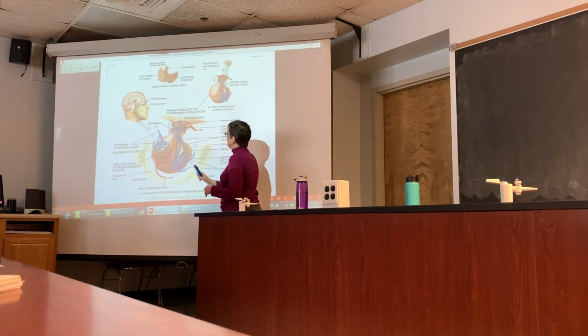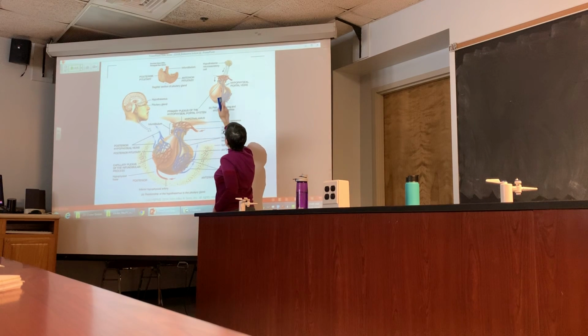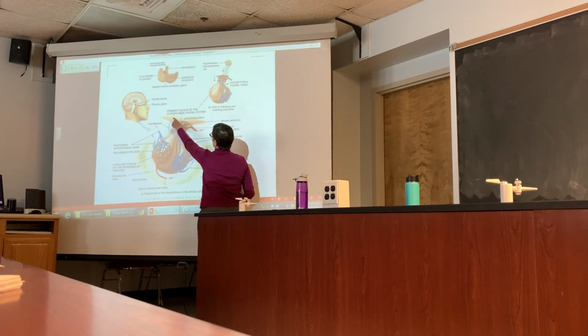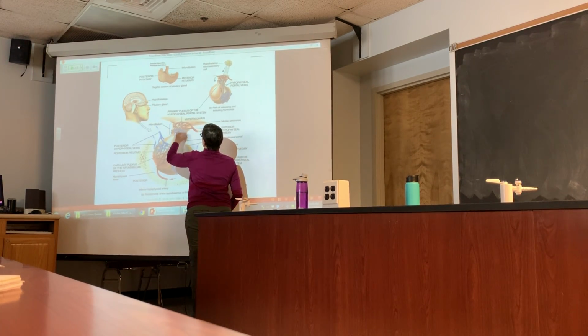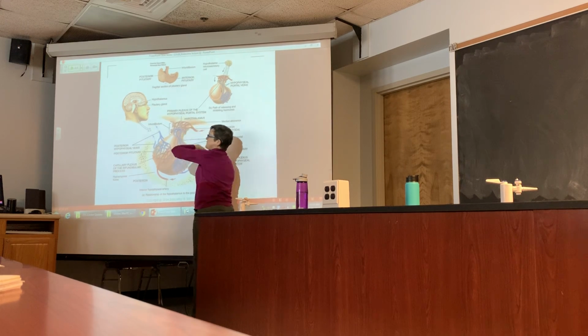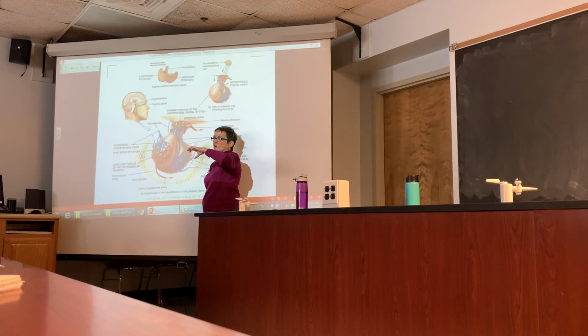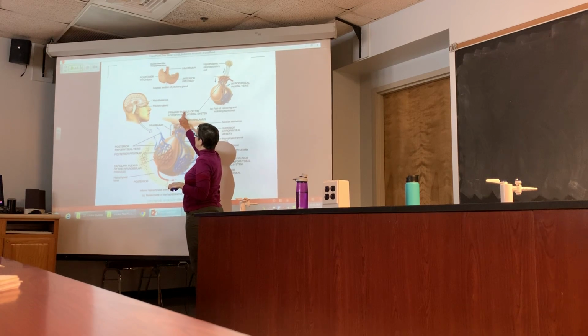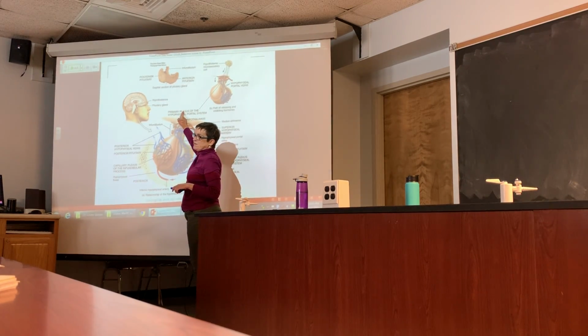But look at the capillary system here. The hypothalamus is releasing hormones to this capillary bed. That capillary bed is called the primary plexus. A plexus is a network. We've talked about plexuses before that were nerve networks. This is a capillary network. It's called the primary plexus because it's the first capillary bed.